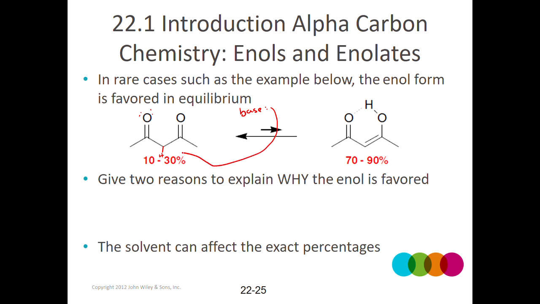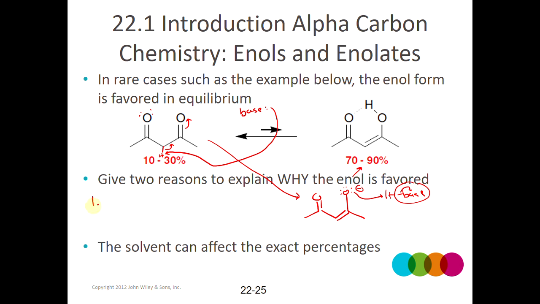So the base mechanism would pick off this proton. Electrons could swing in here and push up to the oxygen. And that would give this. And then whatever the conjugate acid of that base is, this oxygen can pick a proton up. So that would regenerate the base. When that oxygen gets protonated, it becomes an enol.